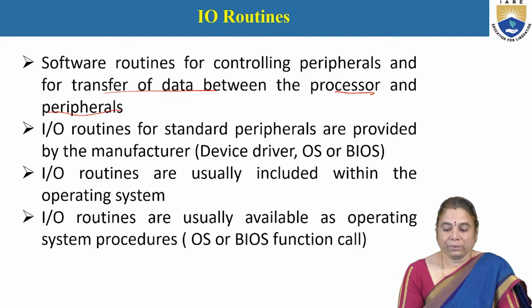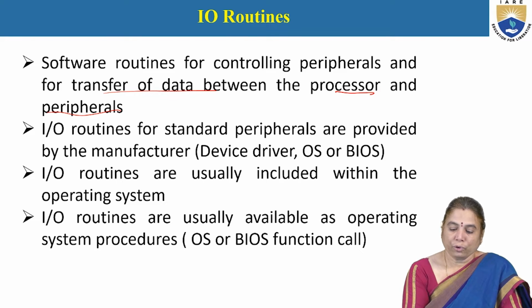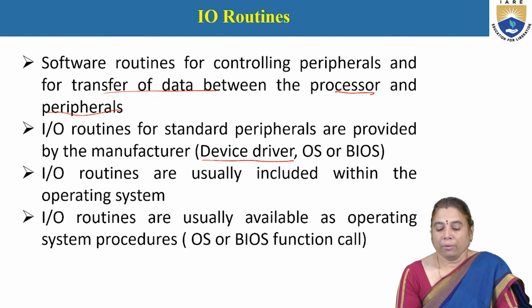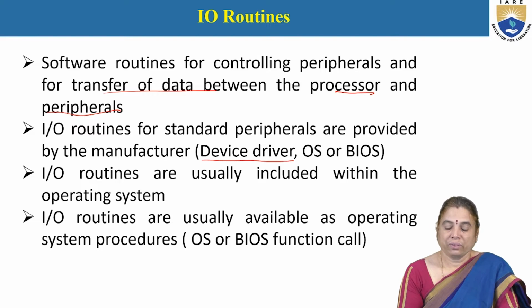IO routines for standard peripherals are provided by the manufacturer, and generally we call those device drivers. Whenever a new device is connected to the CPU, the particular device driver is installed so that the device can actively transfer data between the CPU and that peripheral device.